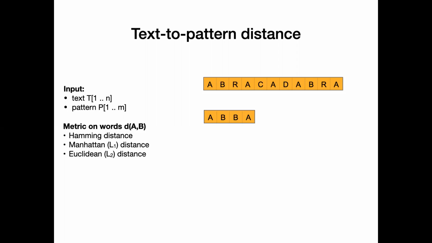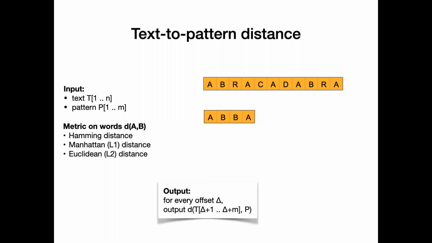The most basic setting is just to decide whether a pattern exactly matches the text, but a more refined version is to decide whether it matches, or if it doesn't match, by how much it doesn't match. A standard notion would be, for example, to count the number of mismatches. That corresponds to computing a Hamming distance between those two.